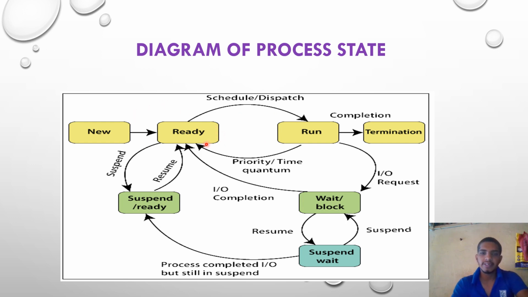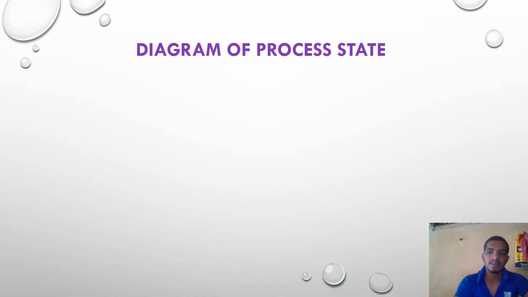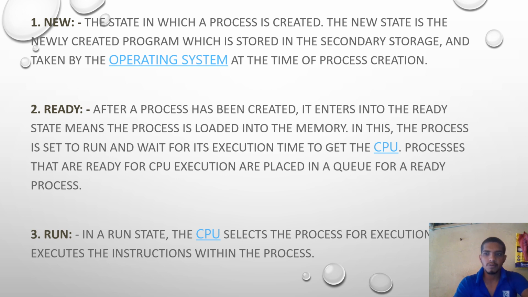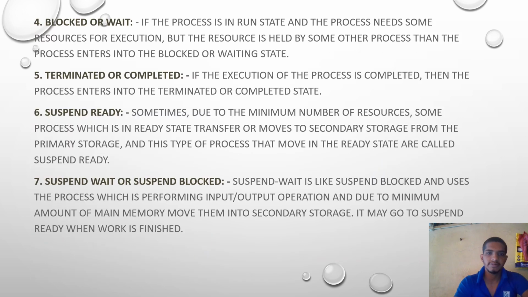So we get some space and can allocate some process in that space. This is all about the process states, and the overall description of the operating system and process state.